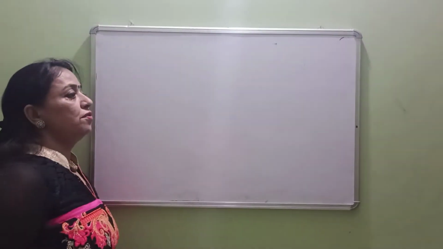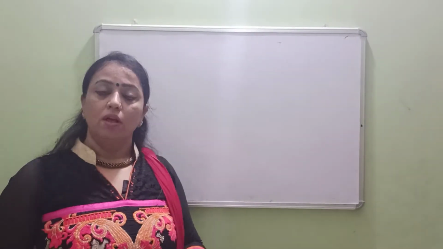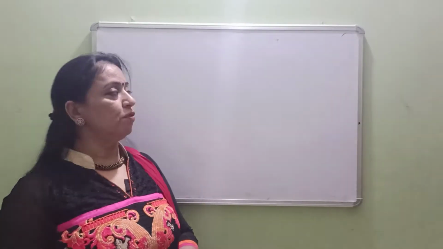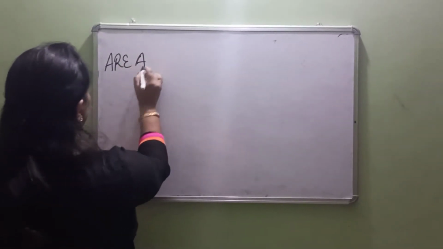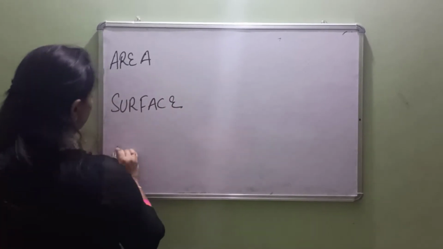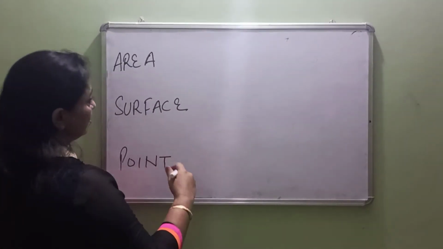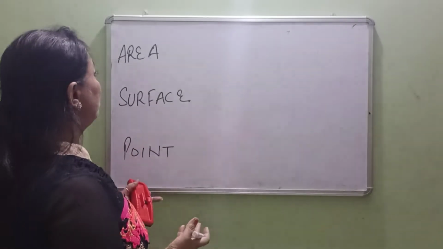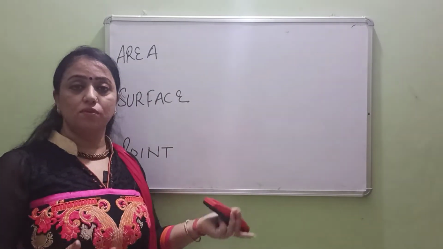First of all, from a mathematical point of view. Now how is it a mathematical point of view? You have done in maths area and surface, then you have done point. Just recollect, because you already know what is area, what is surface and what is point.